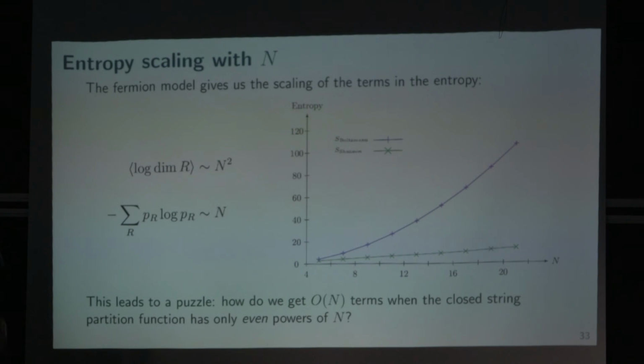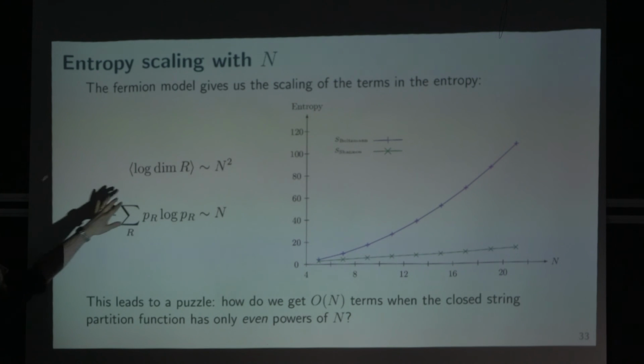Now the nice thing that the fermion picture allows us to do is it tells us immediately how the different terms in the entropy scale. So I was saying that the total entropy scales as n squared, but now we can see how the individual terms behave. If you look at the log dimension of R, remember that term was this pairwise logarithmic potential.